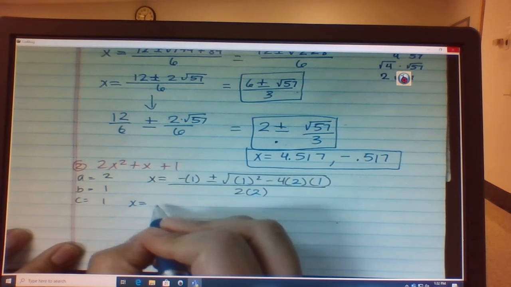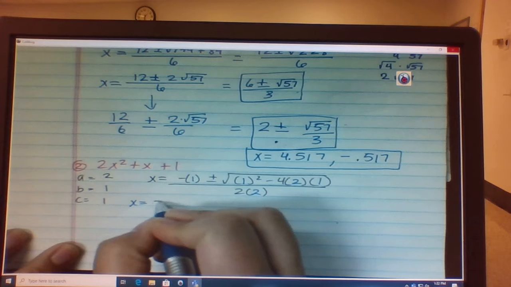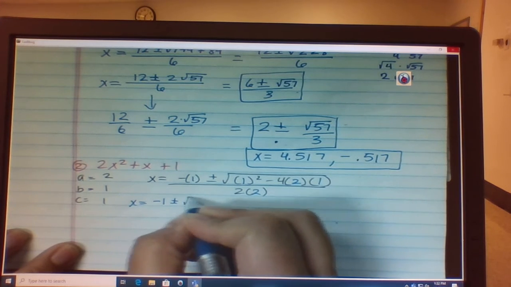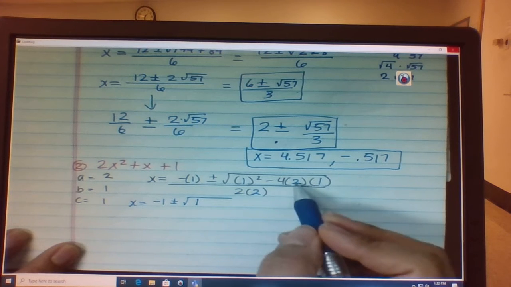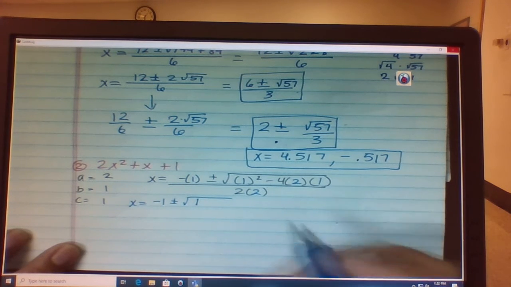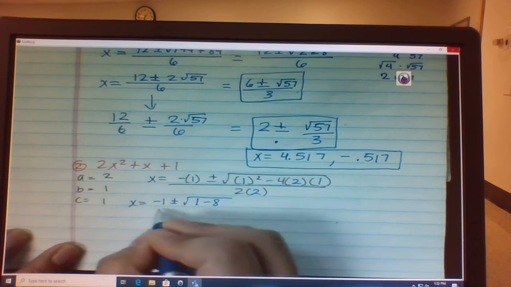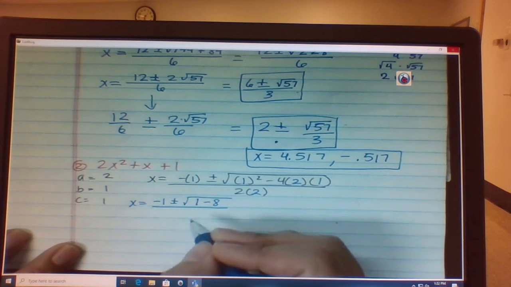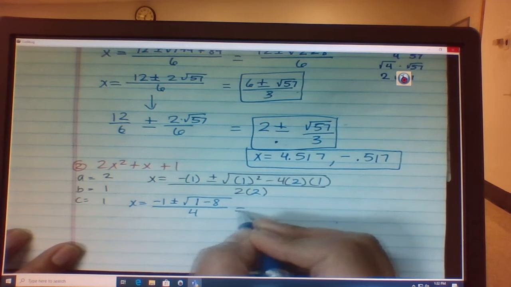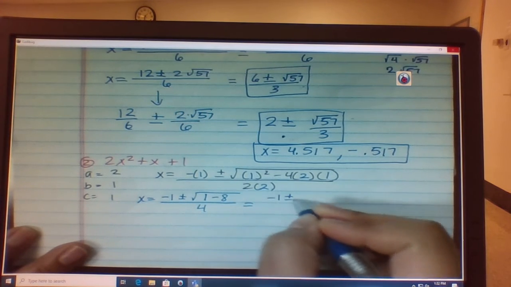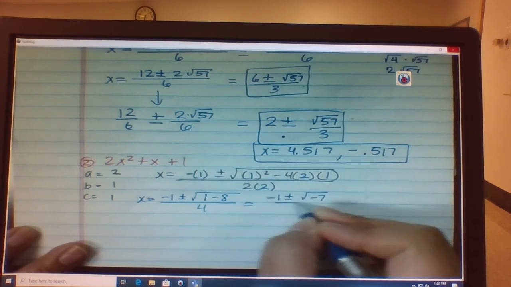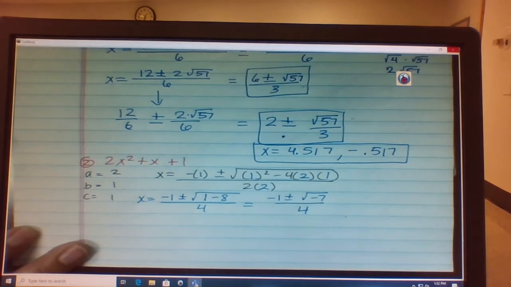That becomes A, negative 1 plus minus 1 squared is what? 1. 4 times 2 times 1? Minus 8, very good. And 2 times 2 is 4. What happens when I do 1 minus 8? A negative 7.